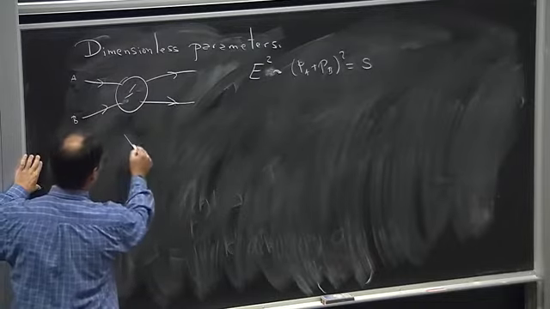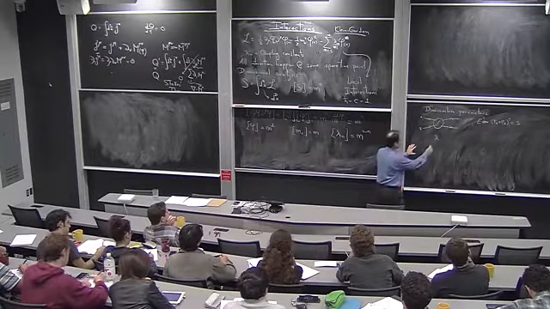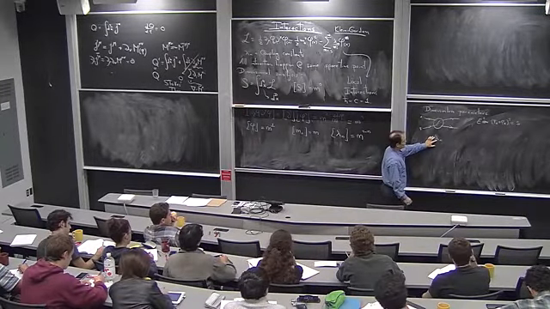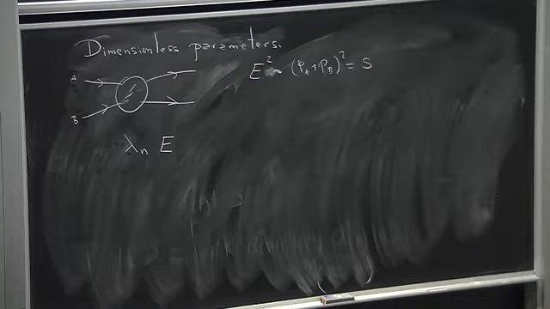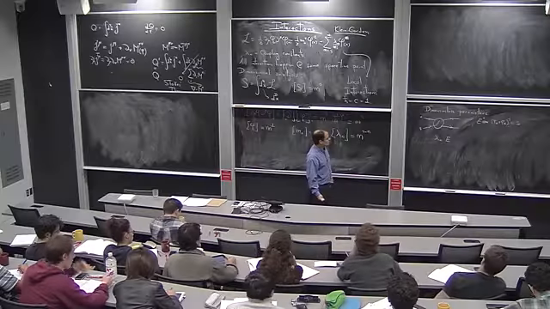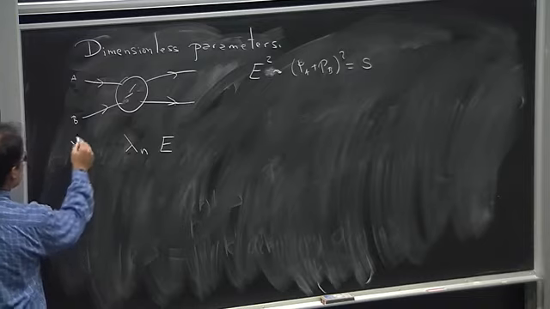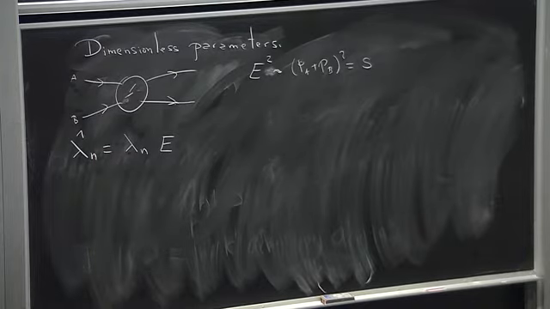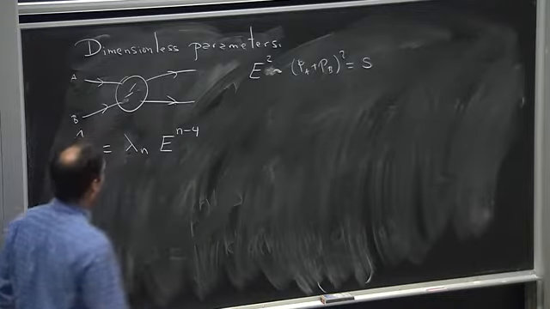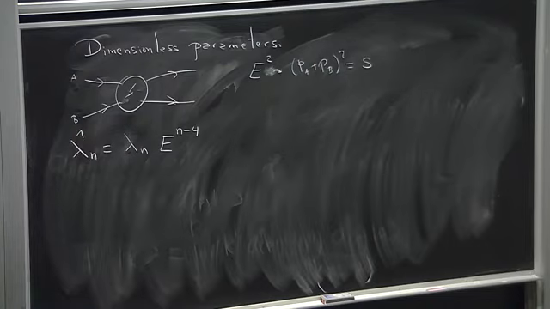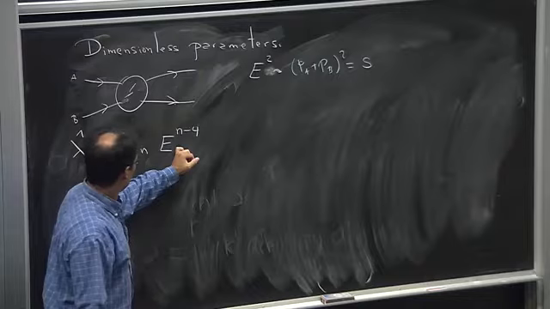So the dimensionless parameters have to be powers of the coupling times powers of our energy in order to make them dimensionless. The energy has dimension of mass, and therefore, to make this dimensionless, what do we have to do? So let's call lambda hat the dimensionless quantity. We have to multiply by m to the minus 4. Okay? So that means something very interesting.